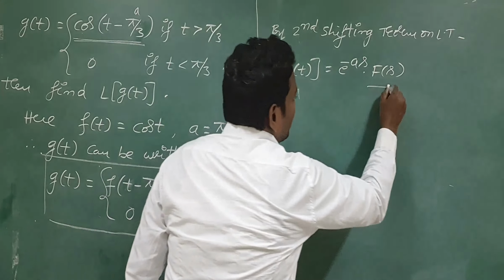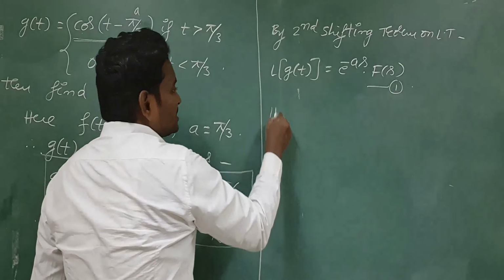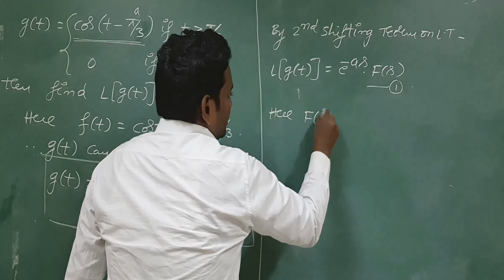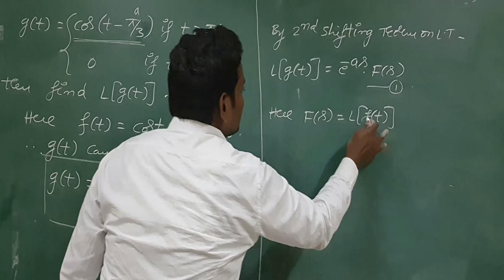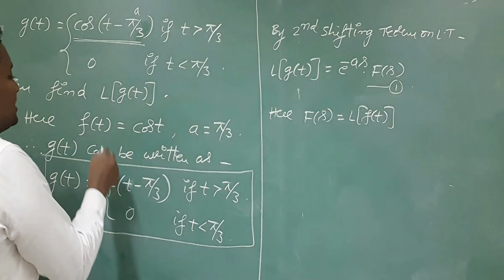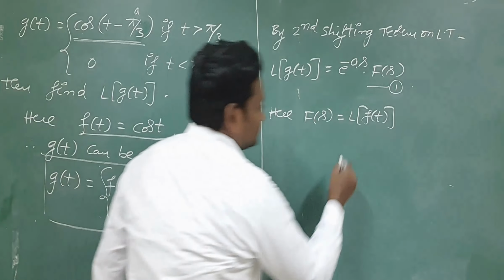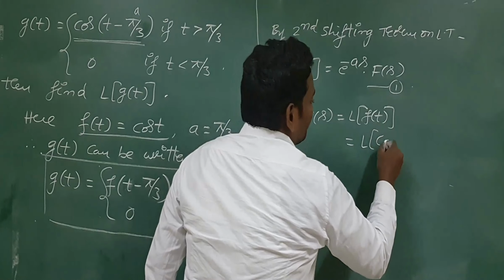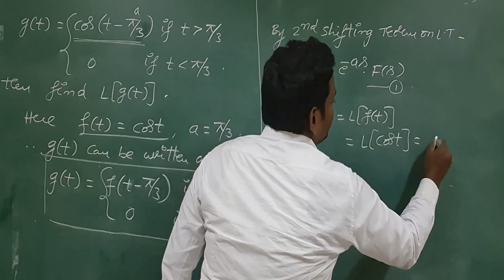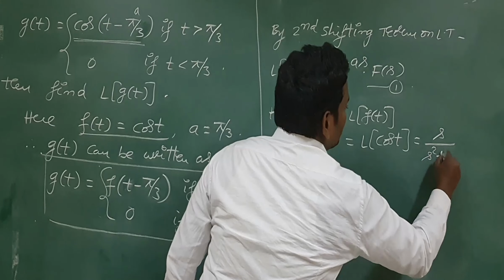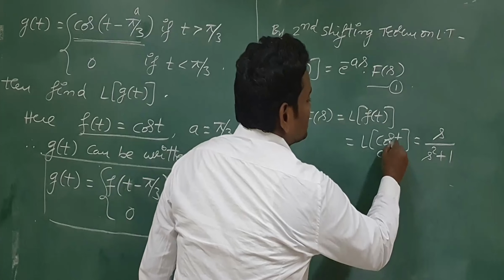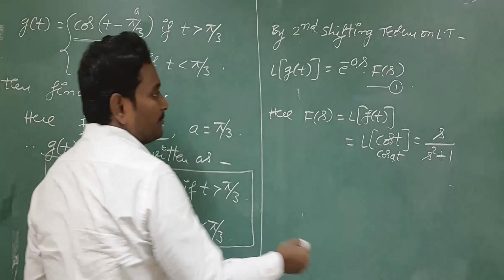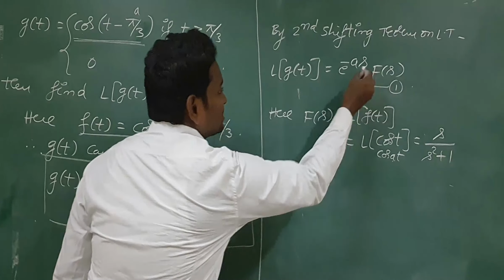Take it as equation number 1. So here what is f of s? F of s is nothing but the Laplace transformation of the function f of t. What is f of t here? We are selecting f of t as cos t. So L of cos t would be s by s square plus 1, from the formula L of cos at, here a is equal to 1. Now replace this s by s square plus 1 in this formula.